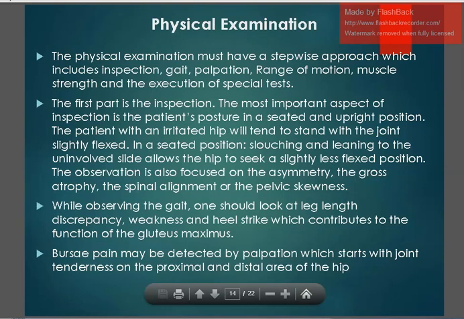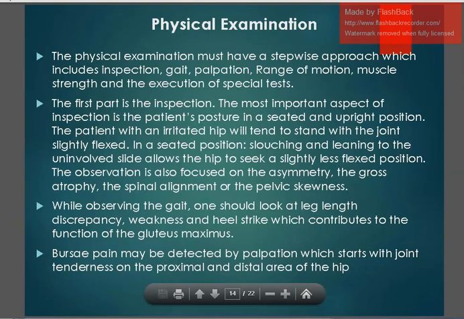If there is an irritated hip or a painful condition like bursitis, the patient will tend to stand with the joint slightly flexed. So that will be an alteration in his posture. In the seated position, if there is pain, then he will be slouching and leaning to the uninvolved side, which is obvious by his posture.